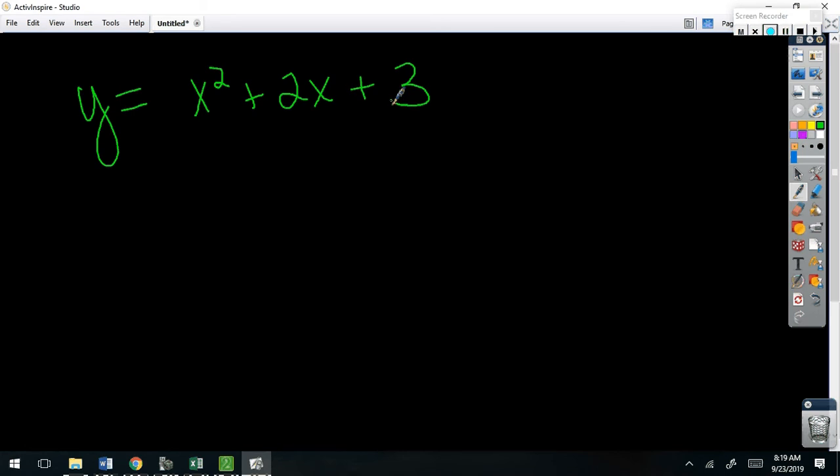What does this look like when you graph it? A parabola. This is standard form of a quadratic. When you graph it, it looks like this, right? Is that a function? Why? It passes the vertical line test, right?